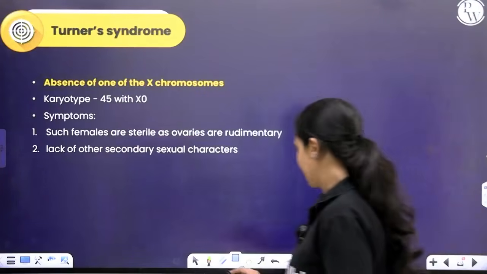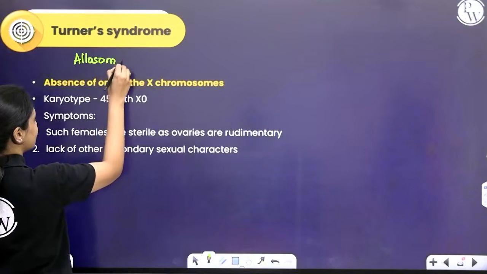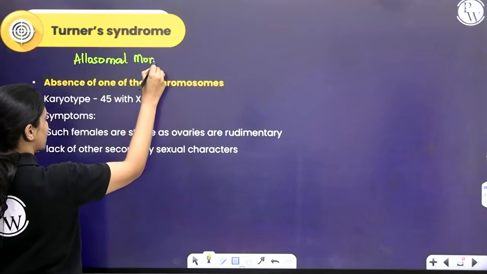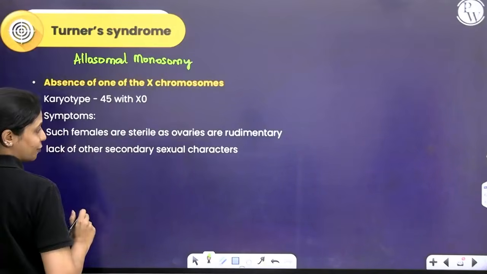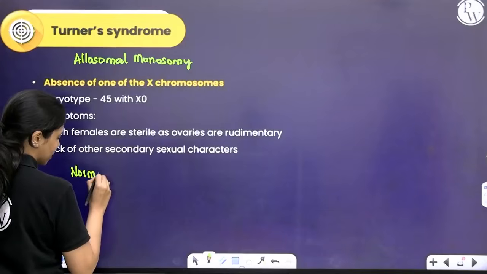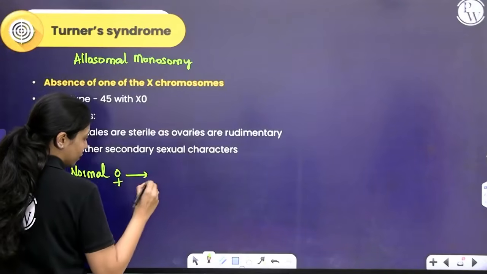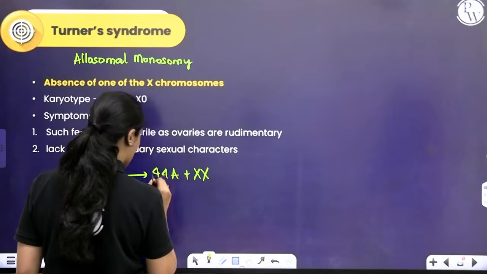Turner syndrome is an example of allosomal monosomy. This happens only in females. Okay. So normal females have 44 autosomes plus XX, 2 X chromosomes.